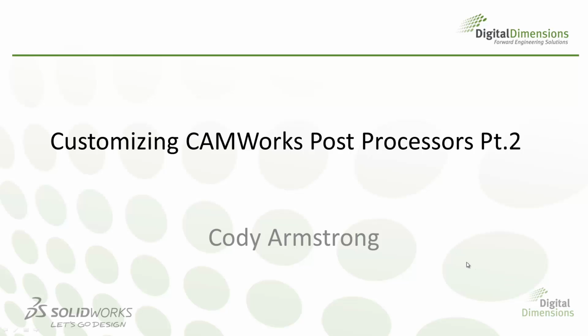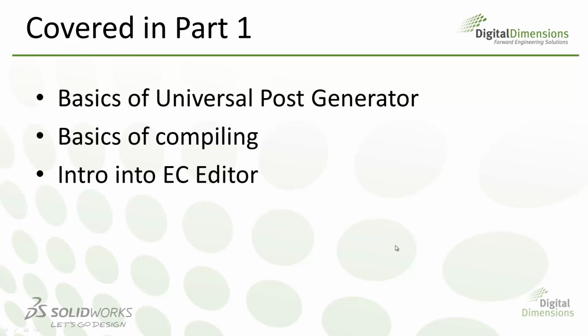First off, I want to get into what we covered in the first part of the CADcast. The first part was the basics of the Universal Post Generator, the UPG, how to build a real basic post using the UPG, and how to compile it. We went into some basics of compiling as well.